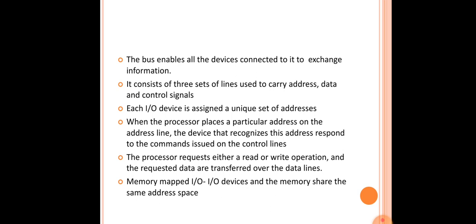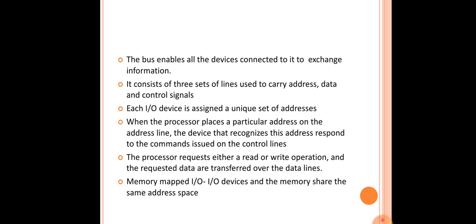When the processor places a particular address onto its address line, that device recognizes the address, respond to the corresponding control signals. The processor requests either a read or write operation and the requested data are transferred over the data lines.